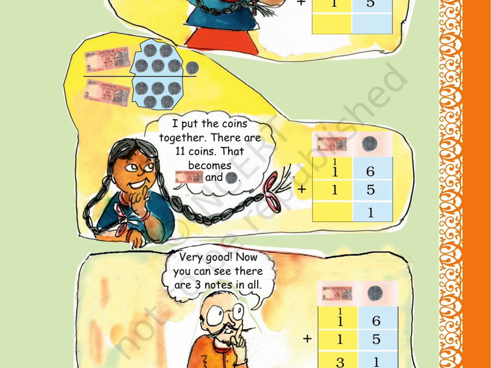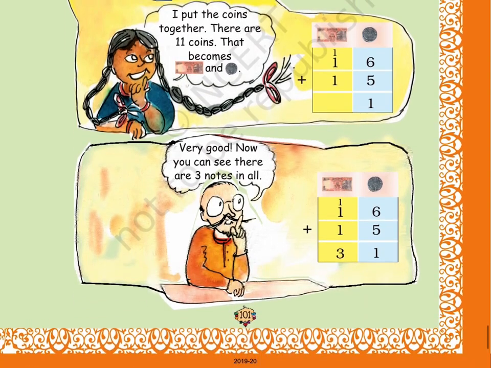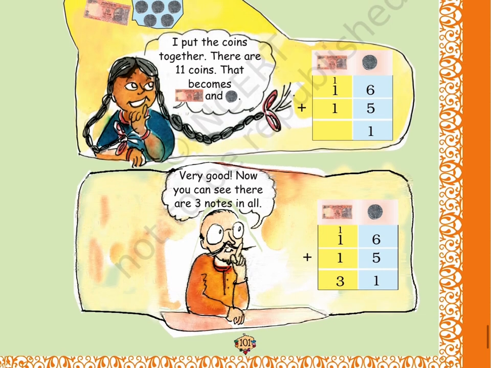The table of picture 1 is shown at extreme right hand. Now there is a small 1 written above the number 1 of row 1, column 1, and 1 written in the answer space of the coin column in blue color. In picture 3, the shopkeeper responds, "Very good. Now you can see there are 3 notes in all."